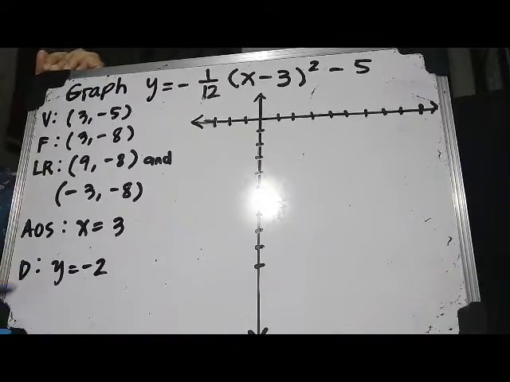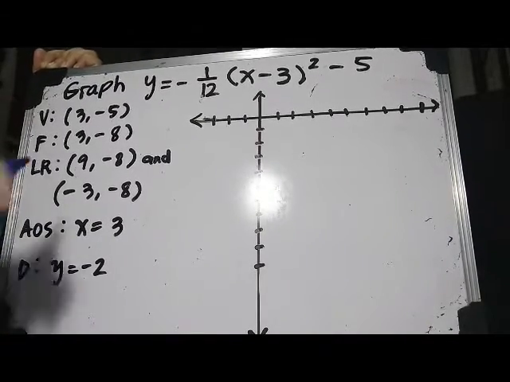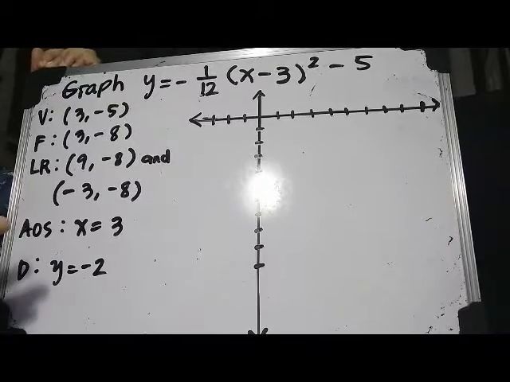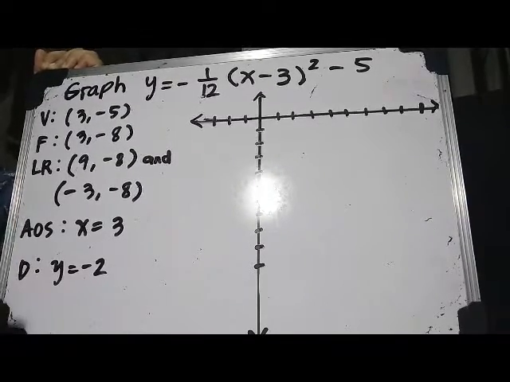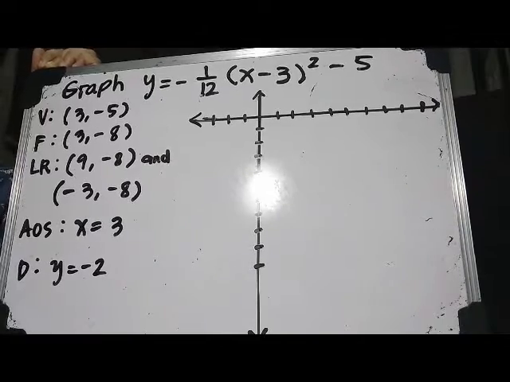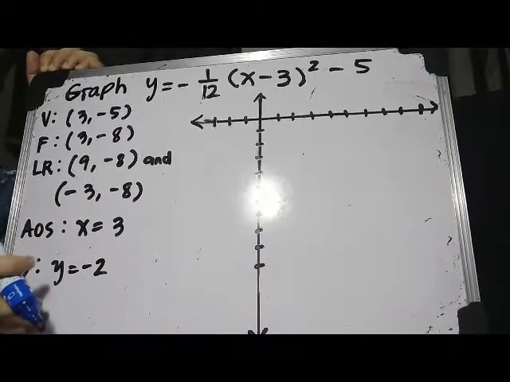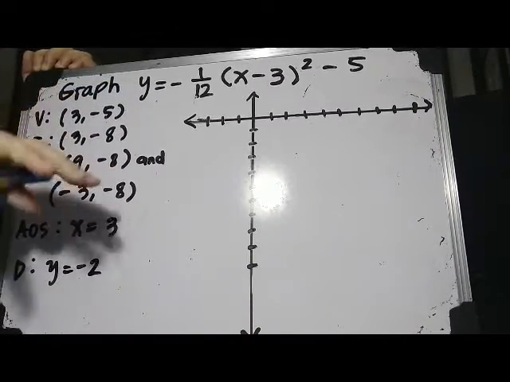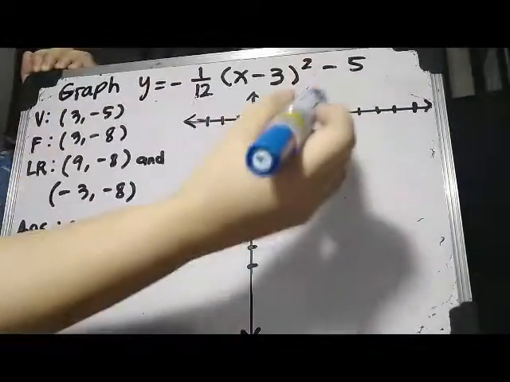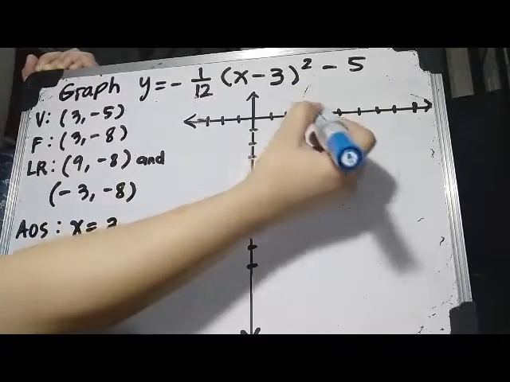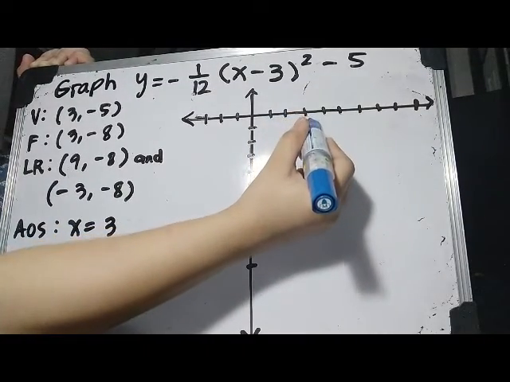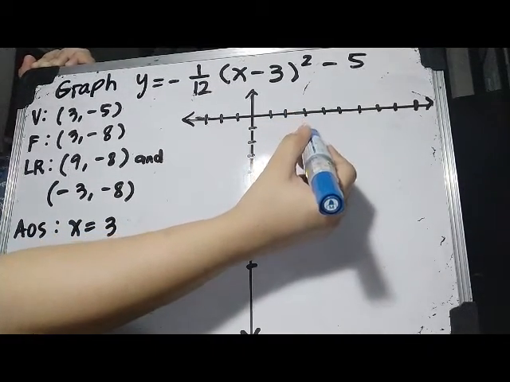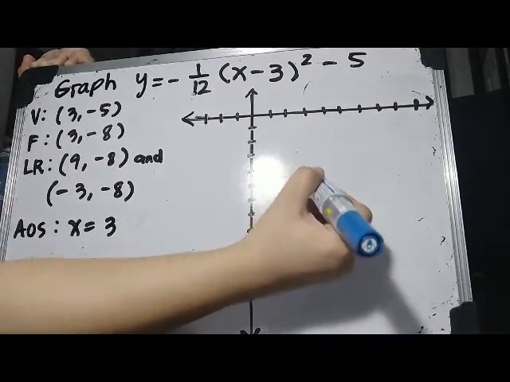Alright, so now that we have all the necessary information for graphing the parabola, let's plot these points and draw these lines and start graphing. So the vertex is (3, negative 5). Take note that our parabola is going to open downward. So our vertex is at (3, negative 5), so that will be right here.